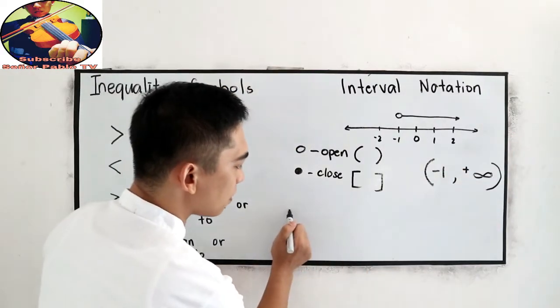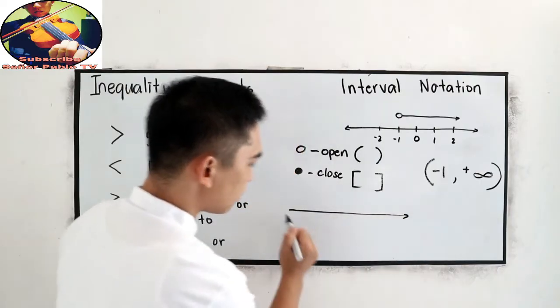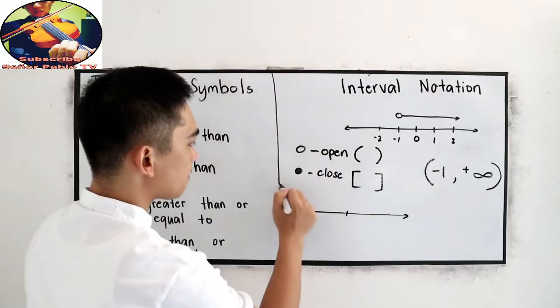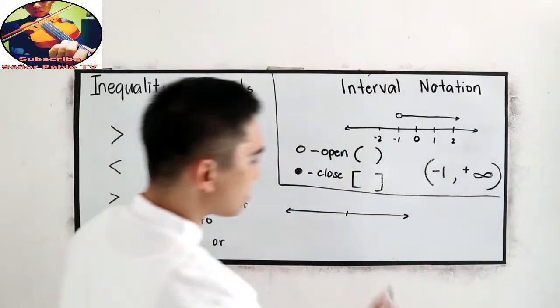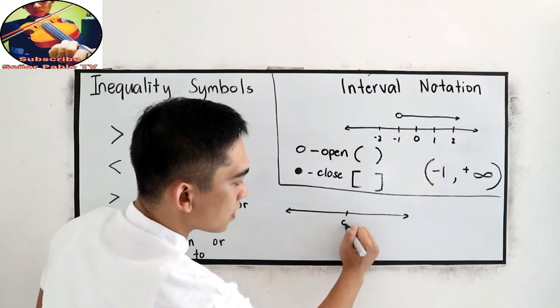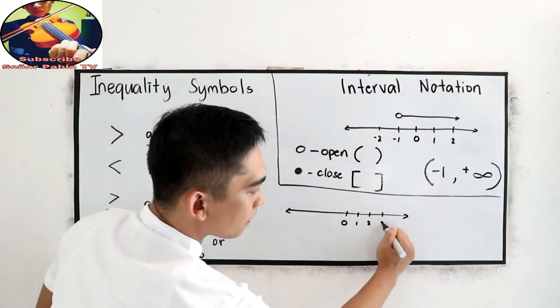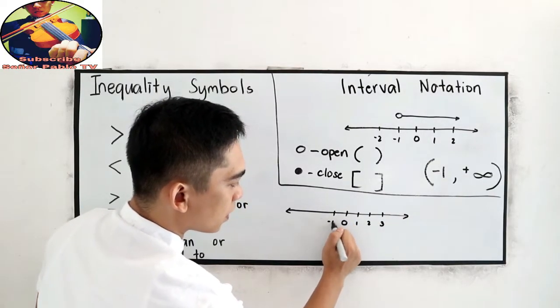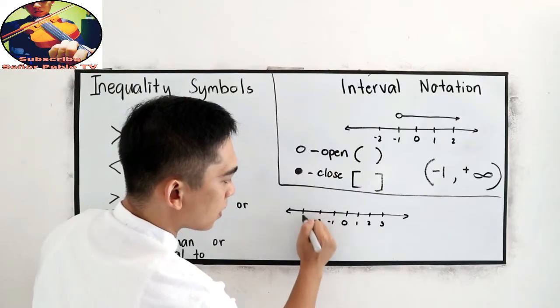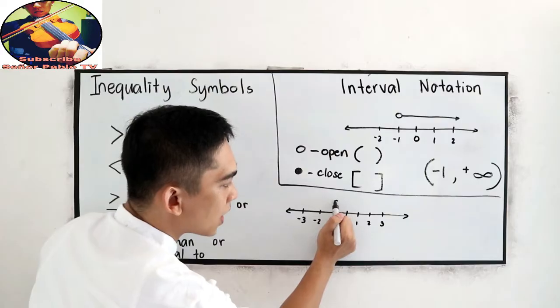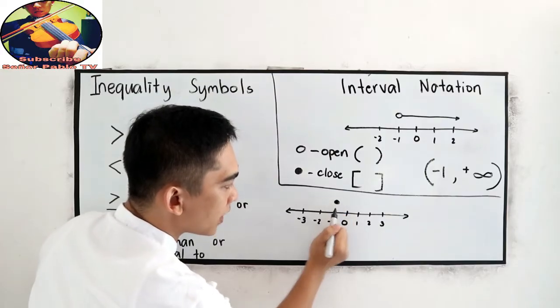Another example. Let's say this is our number line. Then this will be our inequality.